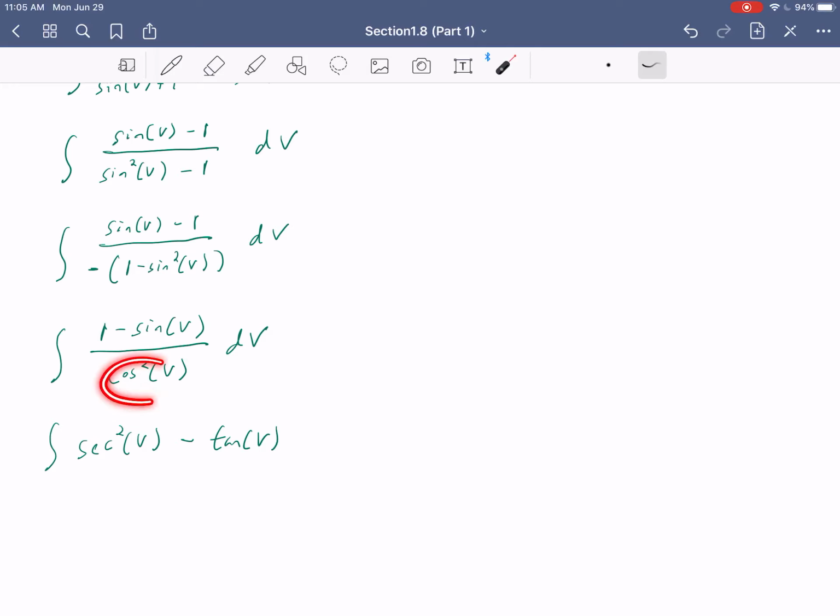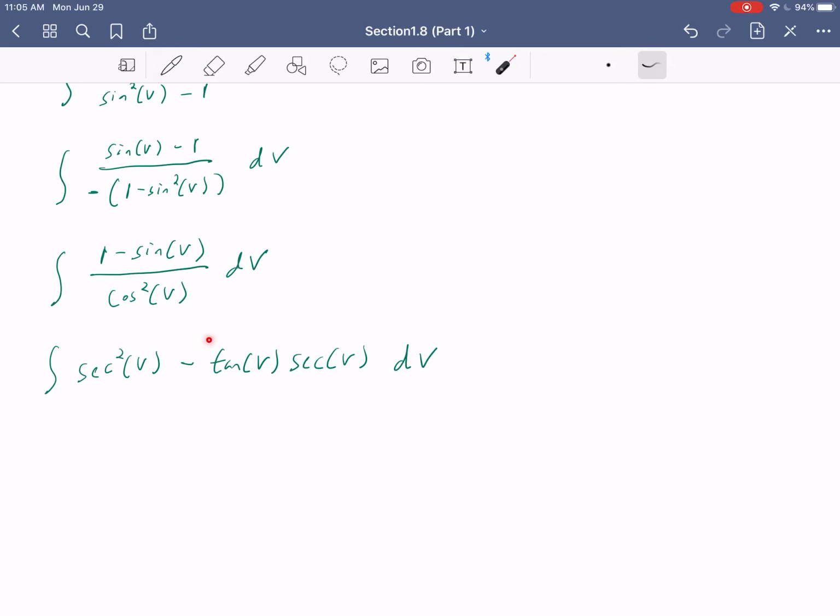But then we also have another cosine v in the denominator, so we can think about that as secant v dv. Now that looks really nice. We know that's tangent v minus, and the integral of tangent secant is just secant, so there we go. So there's our antiderivative, tangent v minus secant v.